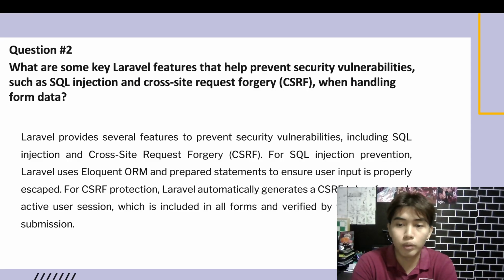For SQL injection prevention, Laravel uses Eloquent ORM and prepared statements to ensure user input is properly escaped. For CSRF protection, Laravel automatically generates a CSRF token for each active user session, which is included in all forms and verified by the server upon submission.